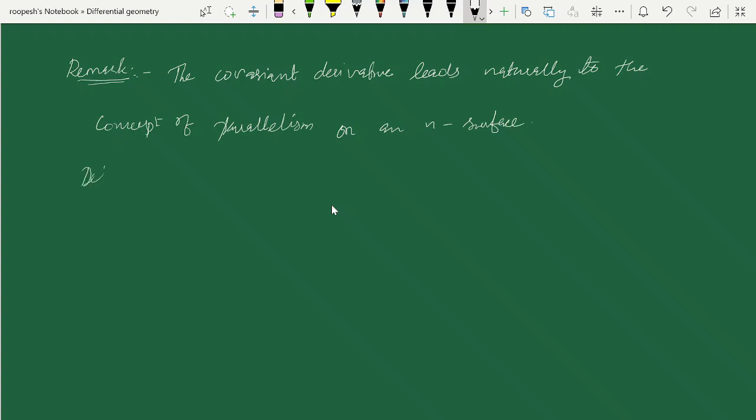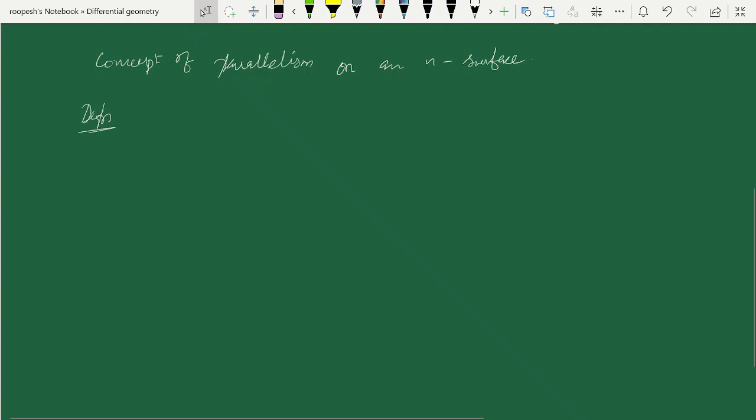Next definition is about parallelism. As I said, two types of parallelism we are going to deal with. One is Euclidean parallel, another one is Levi-Civita parallelism.